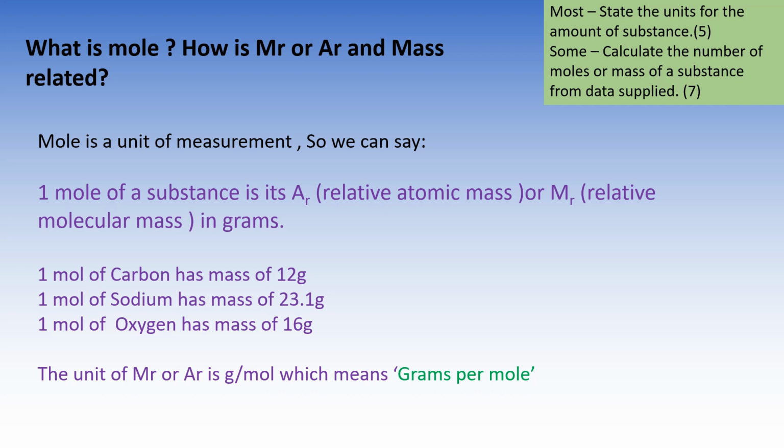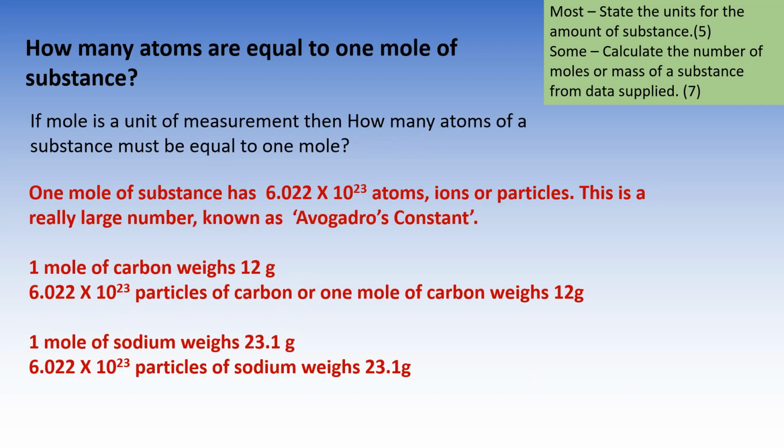This is where they use something we call Avogadro's constant. Avogadro's constant is a big number with the value of 6.022 times 10 to the power of 23 atoms. So in 1 mole of a substance you have this many particles.